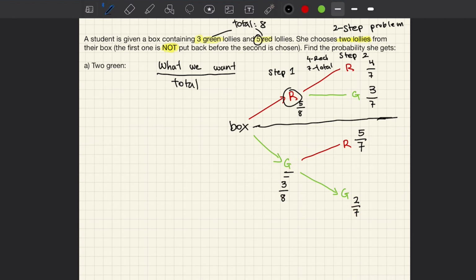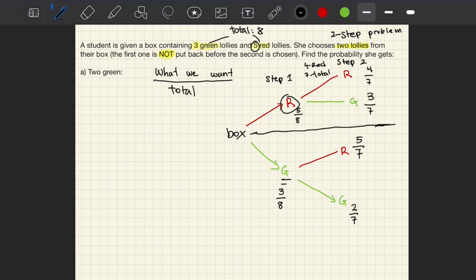Now, with tree diagrams, the probability for any one of these branches, so this branch, this branch, this branch, or this branch, is going to be the probability of this times the probability of the two next branches. So the probability of getting two greens is going to be 3 on 8 multiplied by 2 on 7.